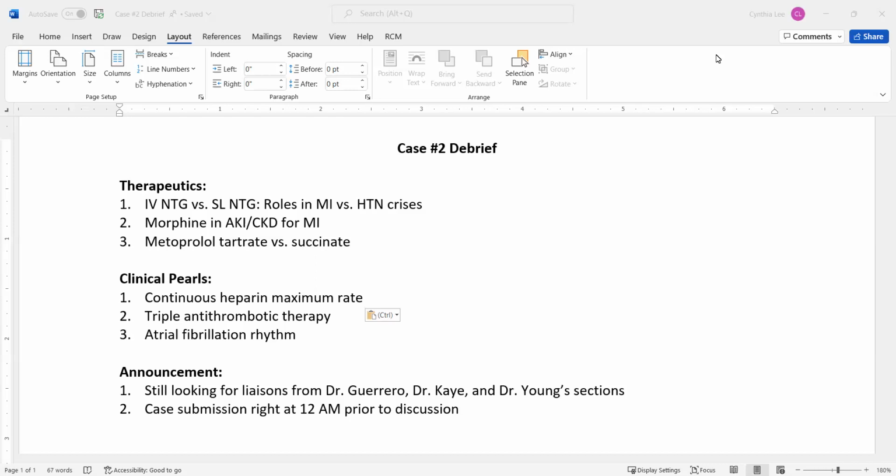The first point I want to mention is about IV nitroglycerin being recommended for the MI, which is an option. IV nitroglycerin itself is a vasodilator, and that's why, in the ACS, MI setting, we would prescribe or dispense the sublingual form of it to patients, right?